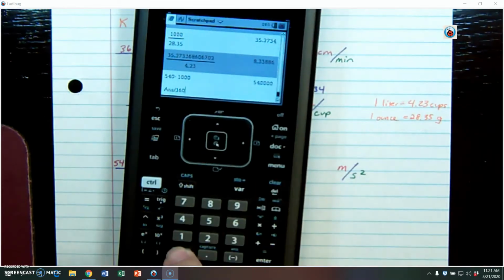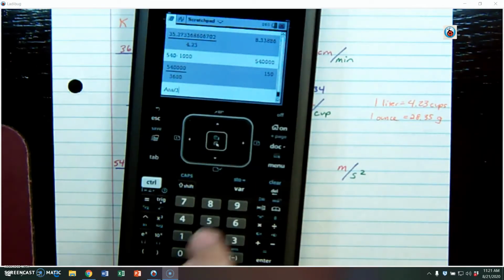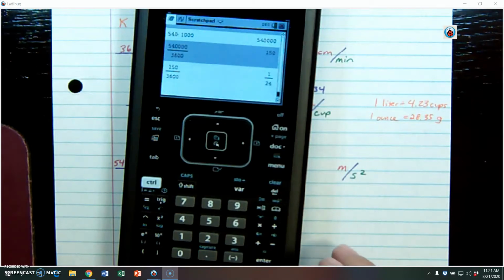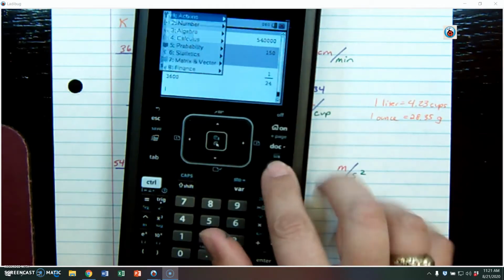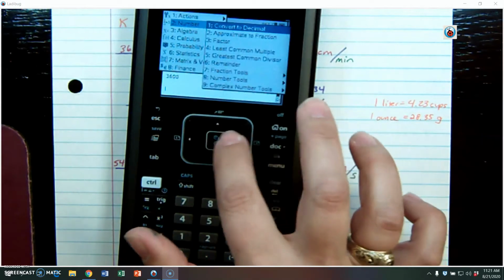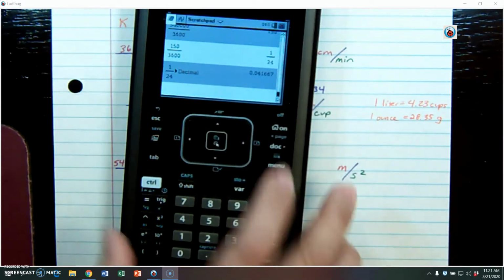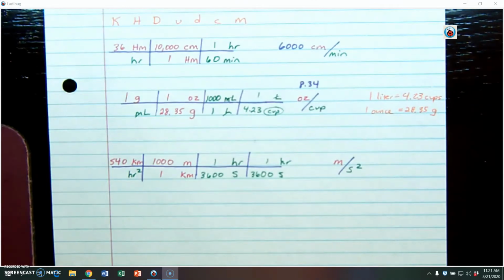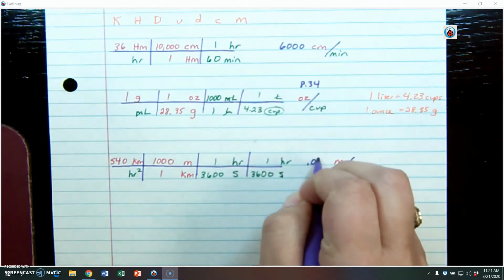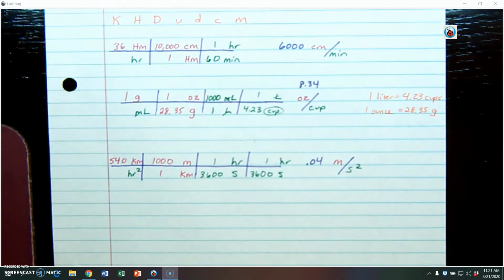So divide by 3,600, divide by 3,600, and I get 1/24. I'm going to go change that to a decimal. You can leave it 1/24. I just love decimal numbers. So 0.04 meters per second squared.